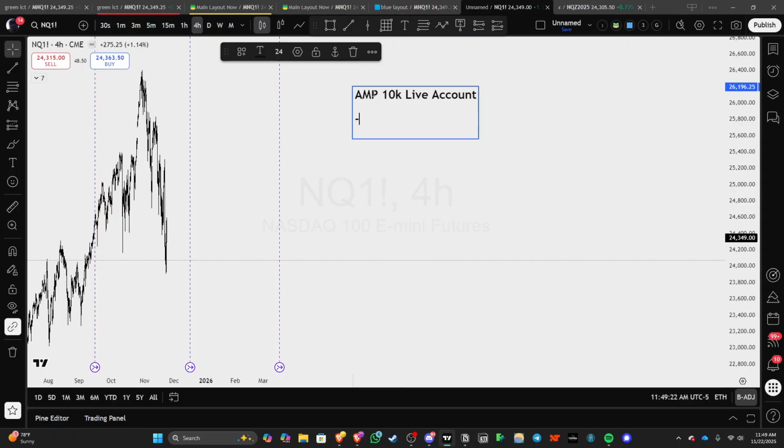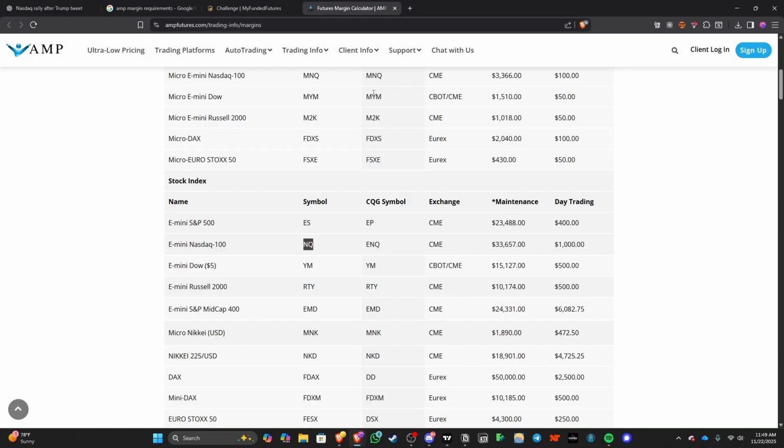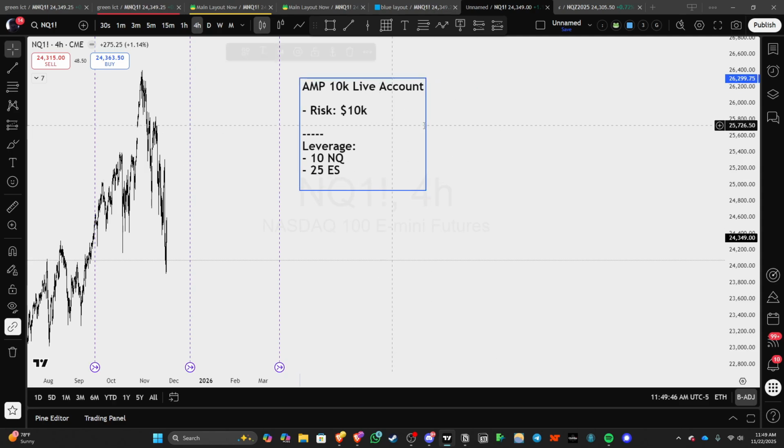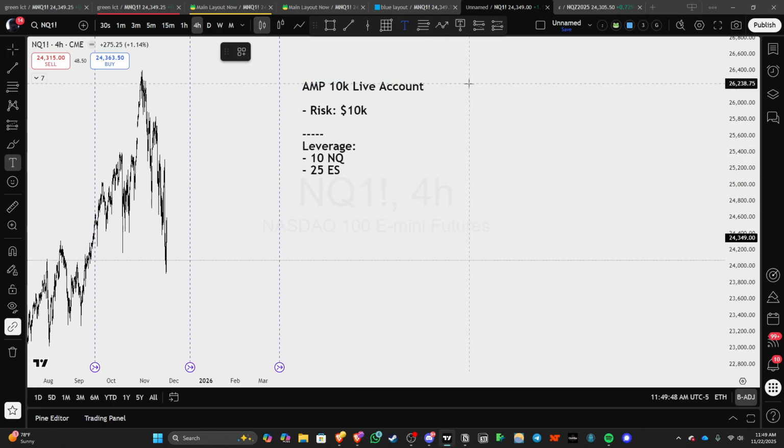What are you ultimately risking with the account? You risk 10k, and I'll explain what I mean by that, like why the whole account is at risk, right? So you're risking 10k. You can trade 10 NQ or 25 ES.